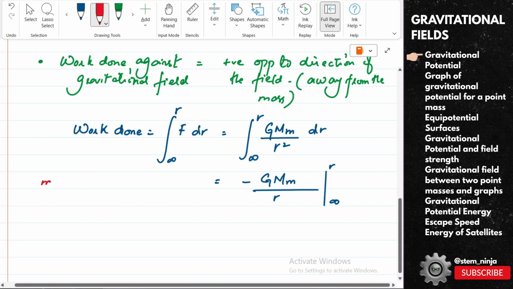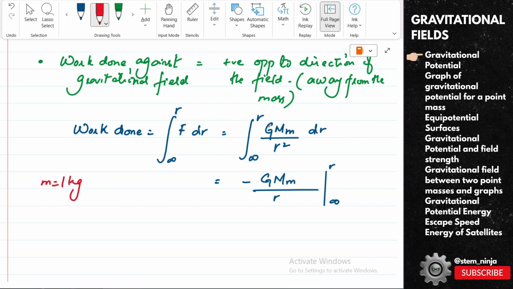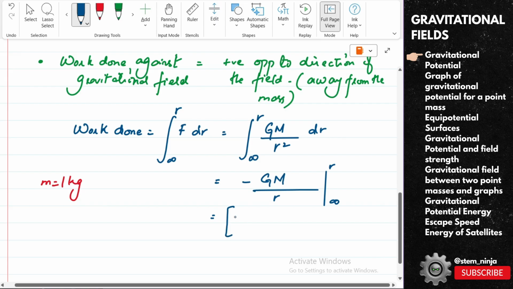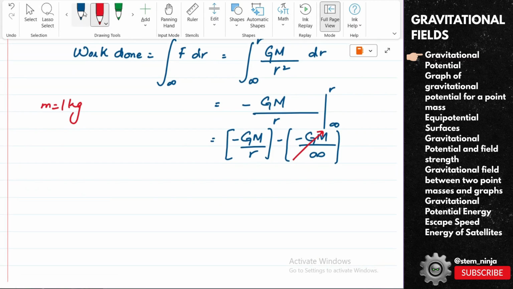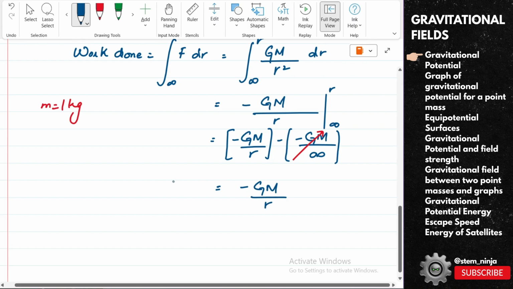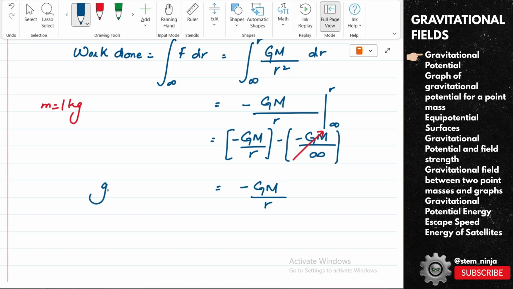If we take the test mass m to be a unit mass, we can drop this. Now when we plug in the limits, you have minus GM over r minus minus GM over infinity. This cancels out because it becomes 0, and what we are left with is minus GM over r. And this is our work done, or gravitational potential.